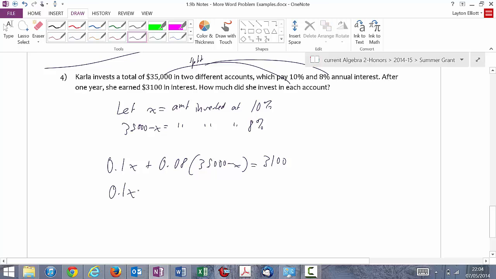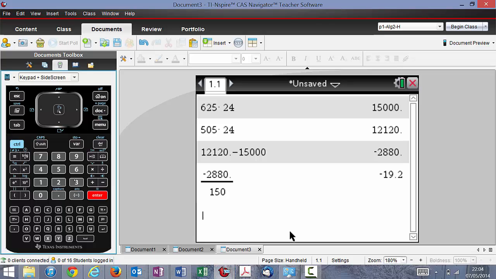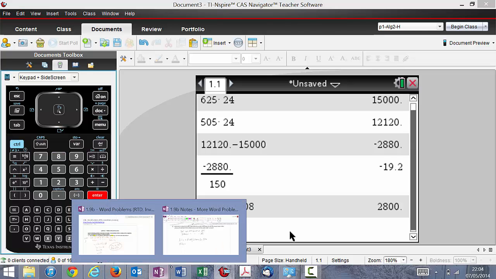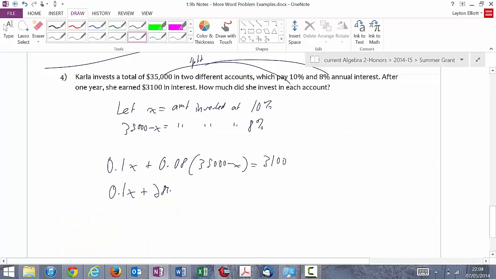So let's keep this with decimals for the time being. Since I have the calculator out, might as well use it. Times 0.08, 2800 minus 0.08x and 3100.